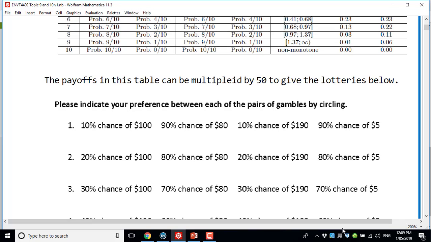So we have gamble 1 again: a 10% chance of getting $100 and a 90% chance of getting $80. That's our option A. And option B is a 10% chance of getting $190 and a 90% chance of getting $5. So if we are given gamble 1, which option will we pick, option A or option B? That's the choice.